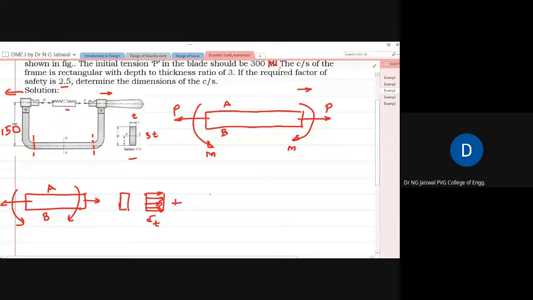Because of the bending, again this A fiber is subjected to tensile stress. That's why tensile stress here also I should represent at the rightward. And opposite to it will be then leftward.